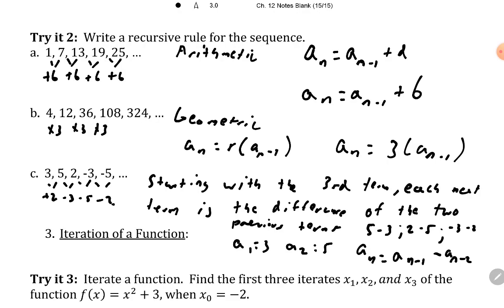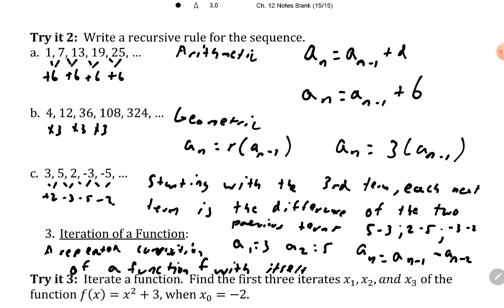Iteration of a function is a repeated composition of a function f with itself.